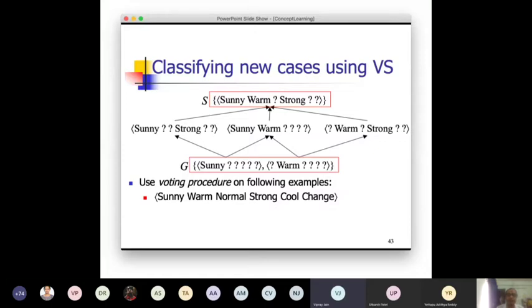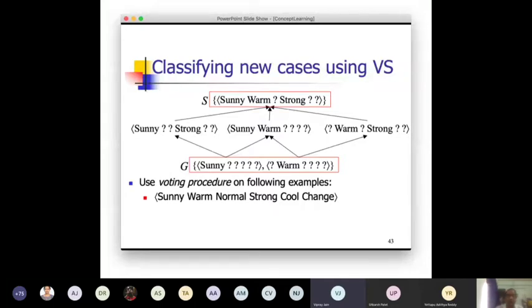But suppose the instance is not satisfied by S, then you should see whether it is satisfied by any hypothesis in the set G. If none of the hypotheses in G satisfies it, that means it is a negative example, and none of the hypotheses in the version space will satisfy it either, because that is the power of G. I keep confusing the terms hypothesis and instance: one is the hypothesis, the other is the instance which you are going to label.